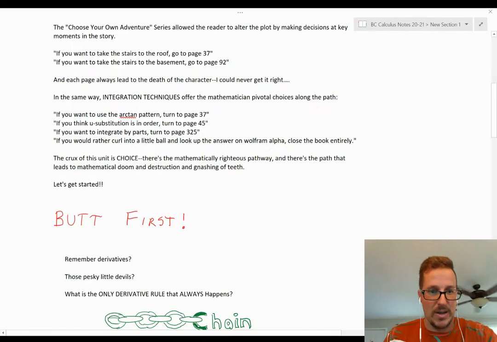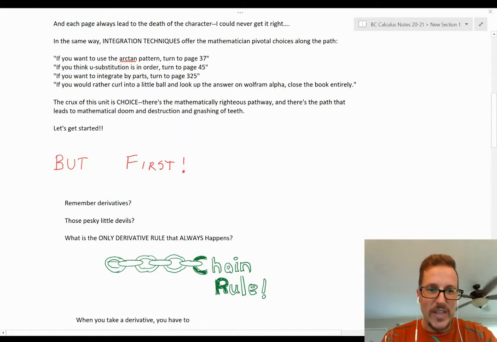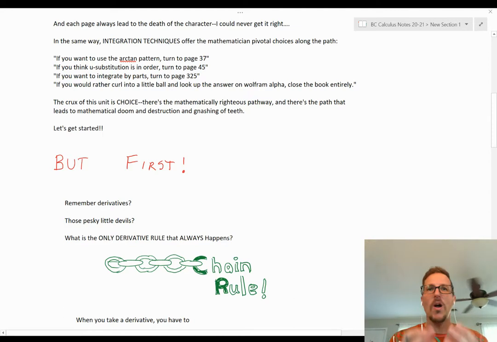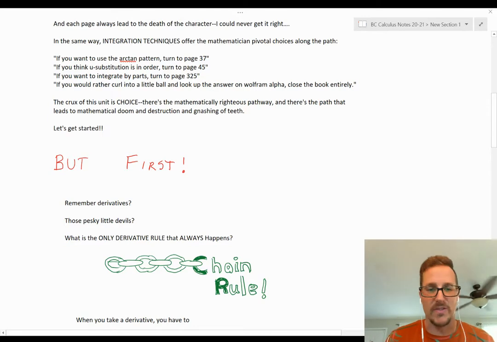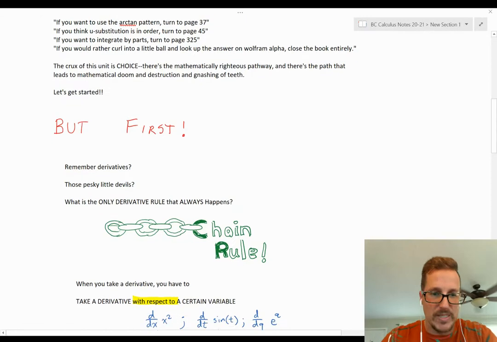All right, but first, remember derivatives? The only derivative rule that always was applied was the chain rule, right? No matter what function I was taking the derivative of, I always had to use the chain rule. So that was always happening.